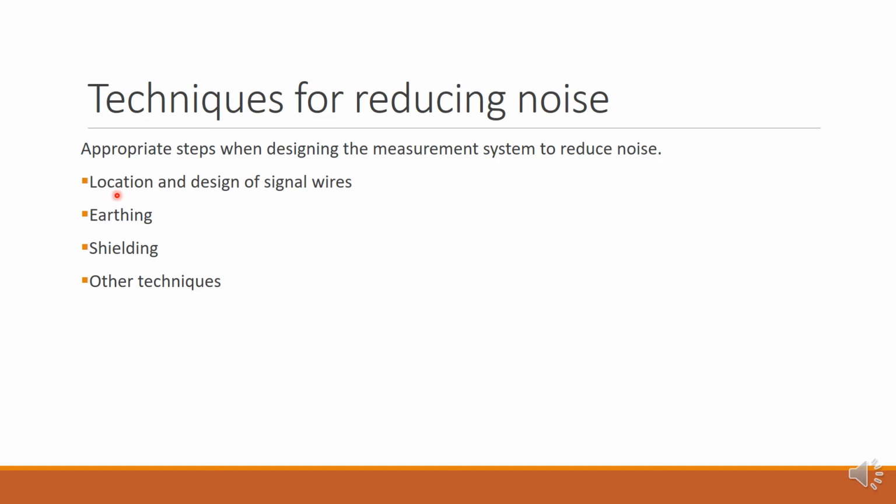When designing a wire system, we need to take care of the position or locations of your signal wires. The second is grounding and earthing. The third is that we can implement shielding on your signal wire. We also have other techniques, like filters and other methods of implementation.